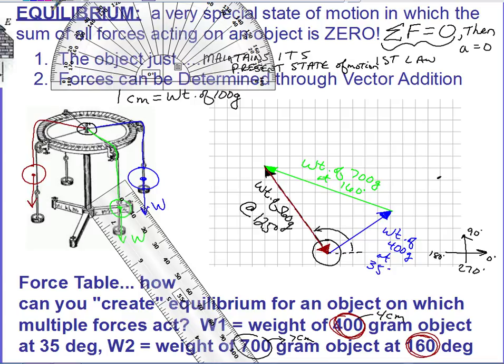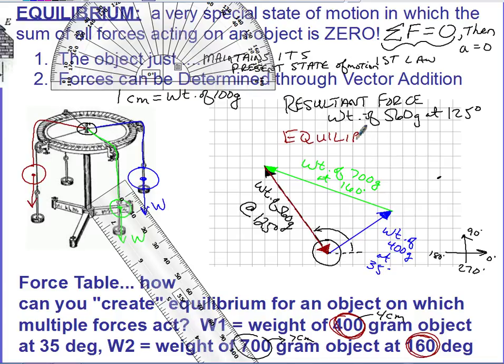So the resultant force would be the weight of 560 grams at 125 degrees. The equilibrant force, the force needed to produce equilibrium, would be the weight of 560 grams, not at 125, but at 125 plus 180 degrees.